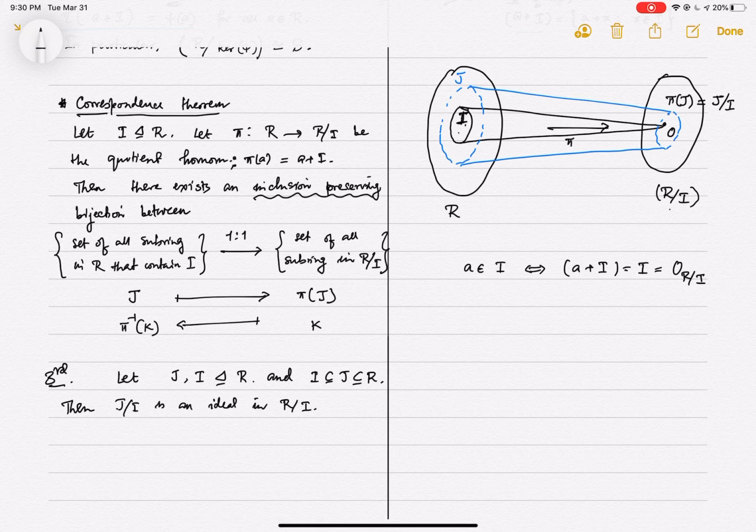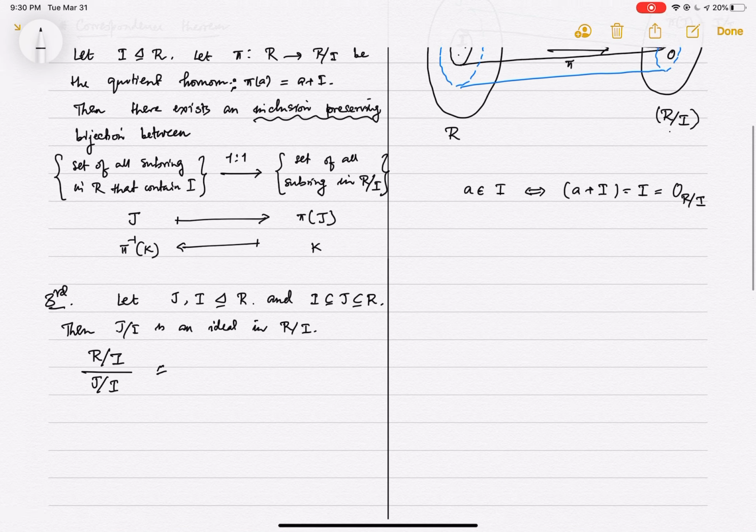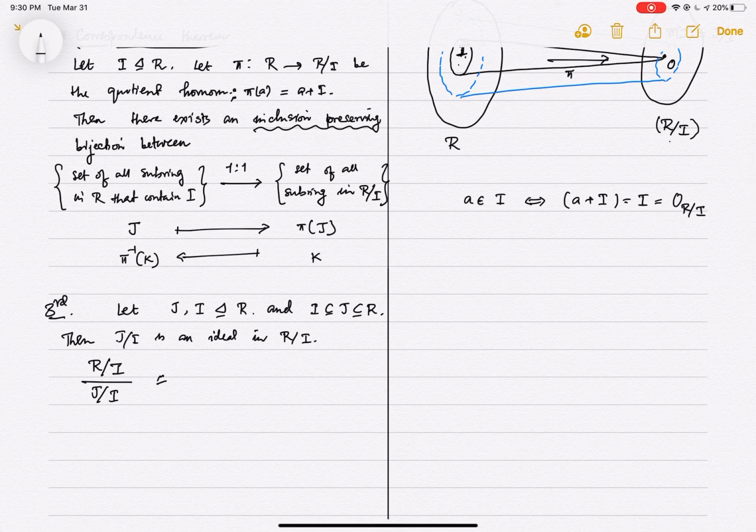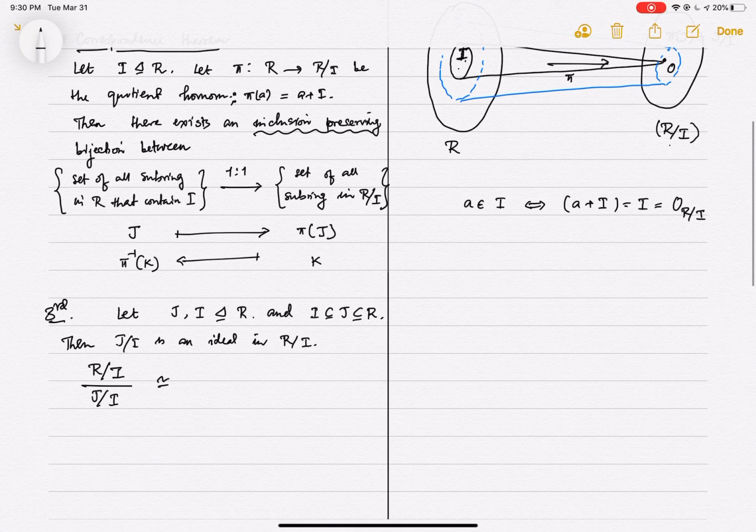And you can check J mod I is an ideal in R mod I. It's really the image of J under the quotient map. What I want to say is that if you first kill I, so going mod I, call that killing I, and then kill the image of J, that amounts to the same thing as killing J outright.